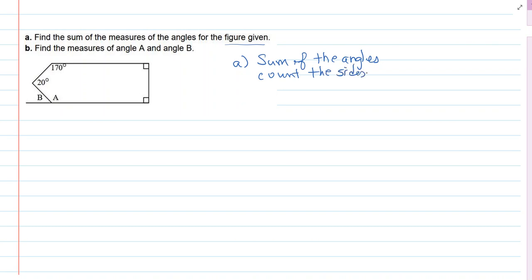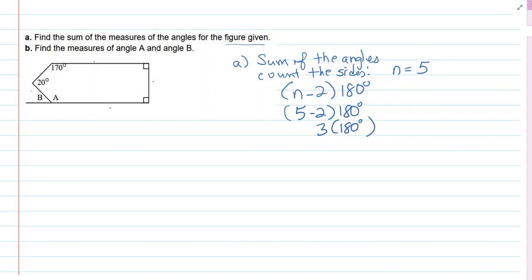Here we go. So I have 1, 2, 3, 4, 5. We have a pentagon. So n equals 5. So now we're going to do the formula: n minus 2 times that 180 degrees to find the total, the sum of the angles. So 5 minus 2 times 180 degrees, 3 times the 180 degrees.